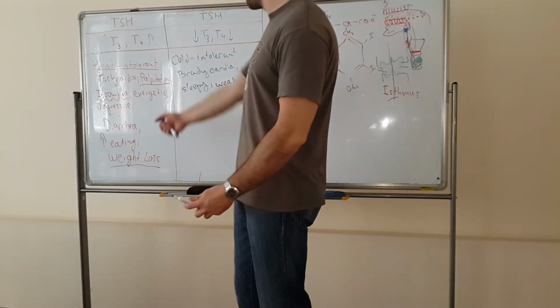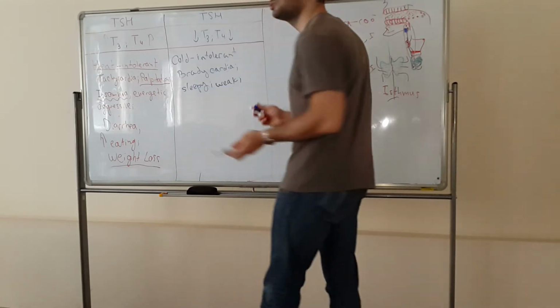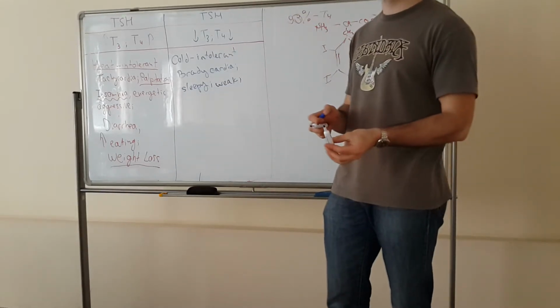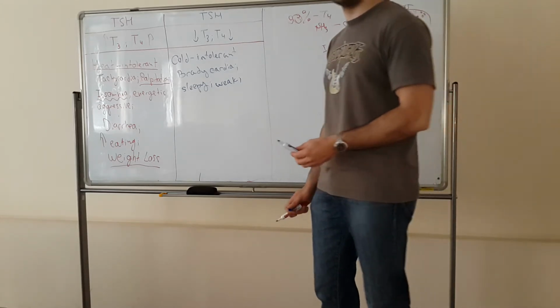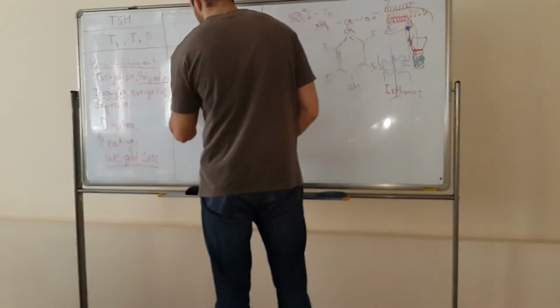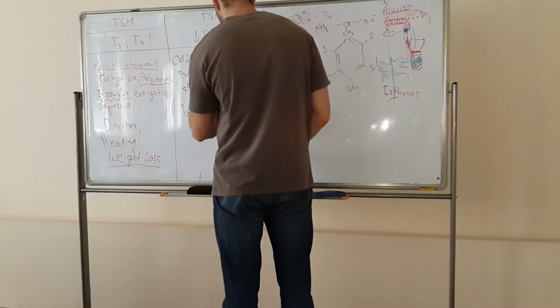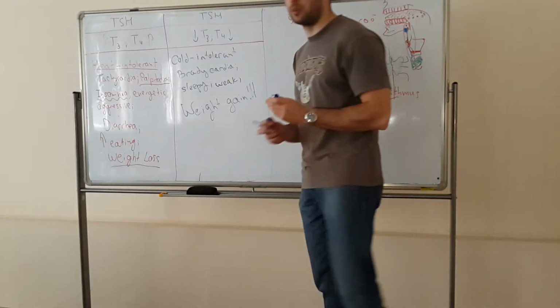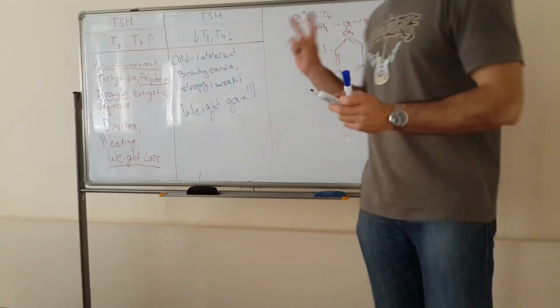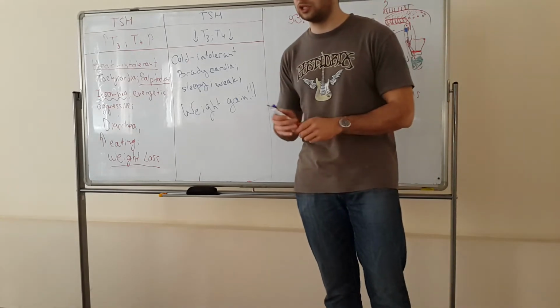Okay, so now let's go here, and the thing is that these guys don't really want to eat that much, because they don't use energy at all, but they still gain weight very fast. So these guys have the weight gain. And the weight gain is a specific weight gain, and I want you to remember that. There are two types of weight gain during hypothyroidism.